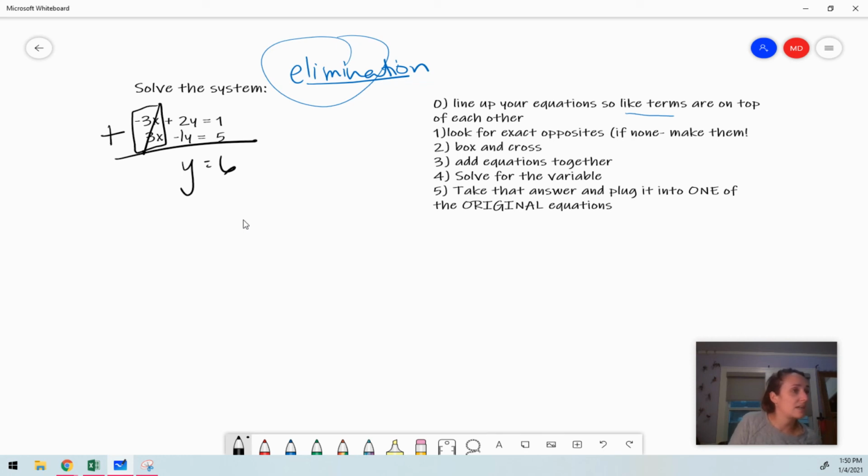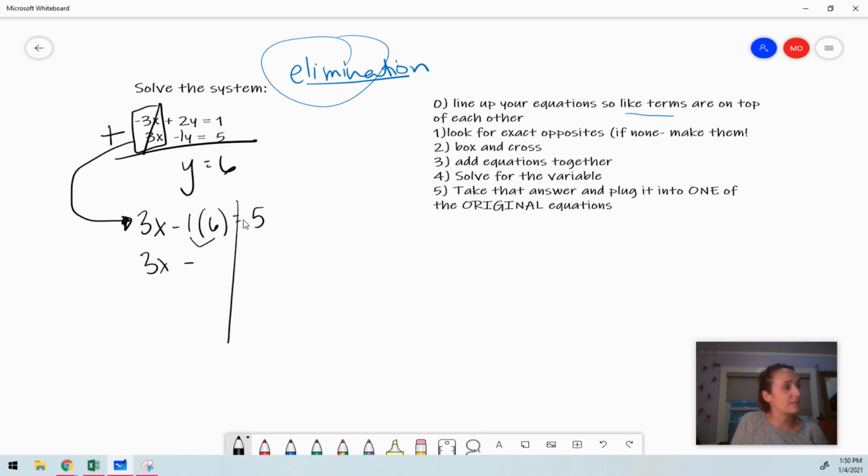Now I take that answer and I plug it into one of my original equations. I'm going to take this bottom equation, end up with 3x minus 1 times 6 equals 5. 1 times 6 is negative 6. I add 6 to both sides.